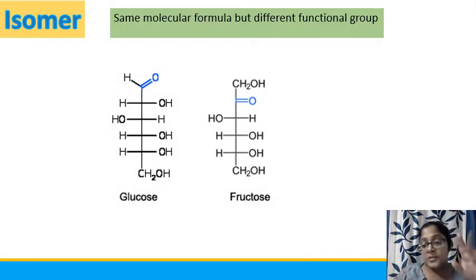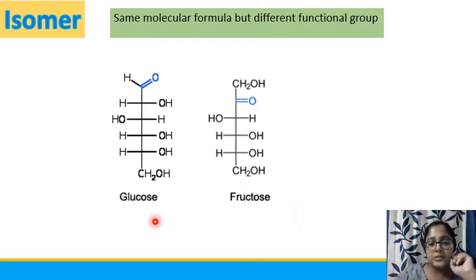Next, a few properties of carbohydrates which are very important. You just need to know the name and the one line definitions that I've just given you. What is an isomer? When any two compounds have the same molecular formula but different functional groups, they are known as isomers of one another.